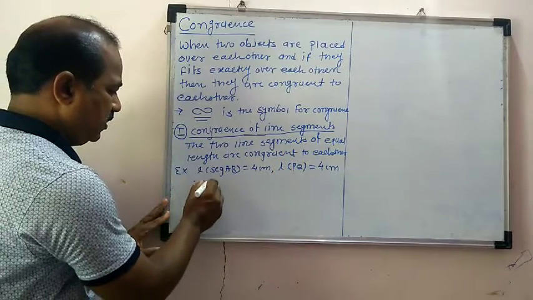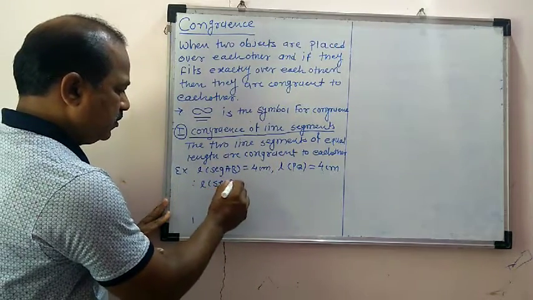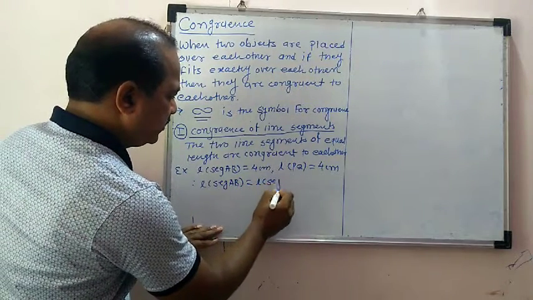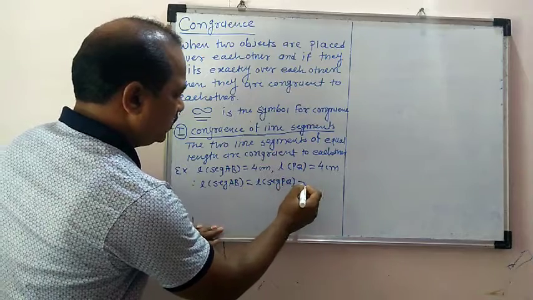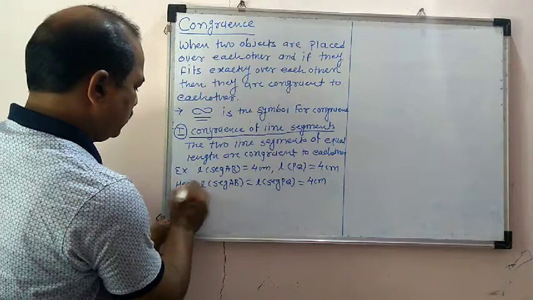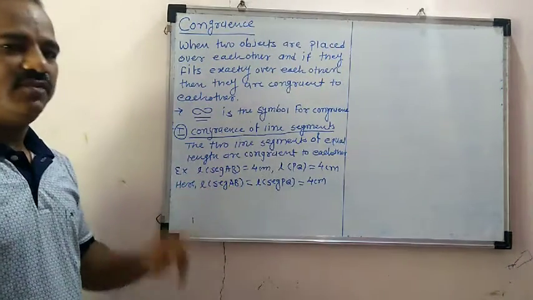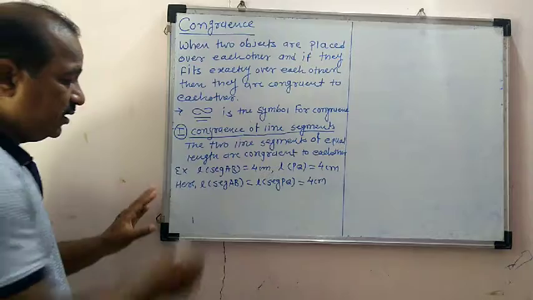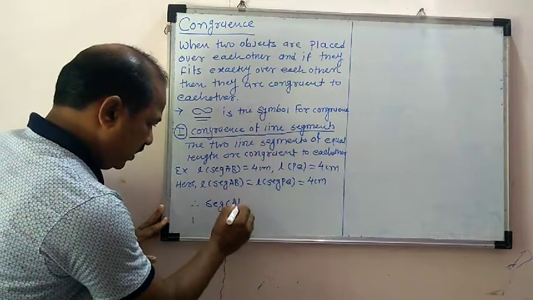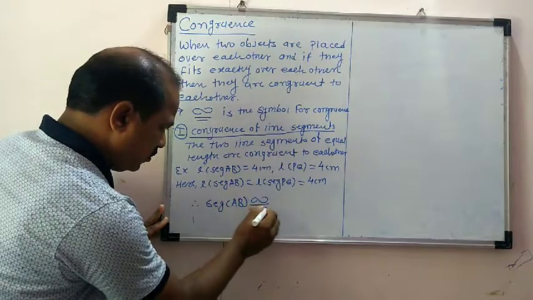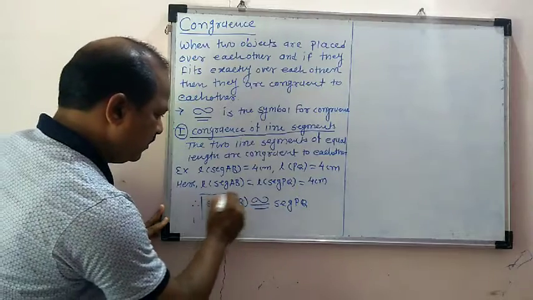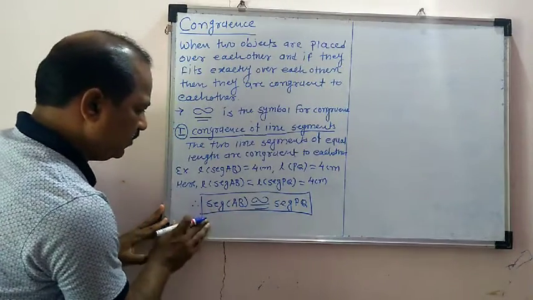Therefore, length of segment AB is equal to length of segment PQ, which is 4 cm. Therefore, from this we write here segment AB is congruent to segment PQ.